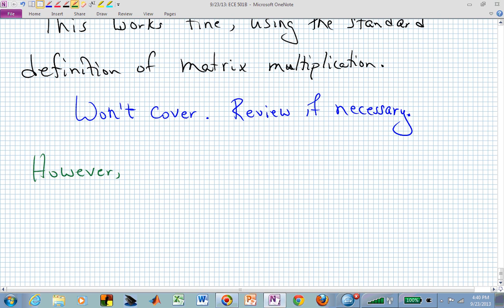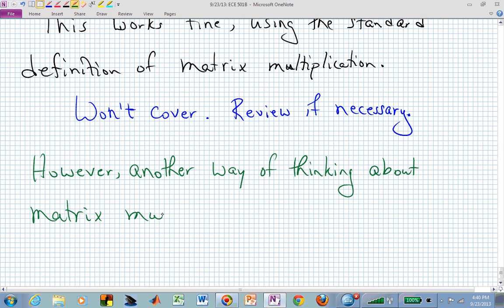So let me just talk about another way of thinking about a matrix product, or a product of two matrices. Another way of thinking about matrix multiplication can be helpful.